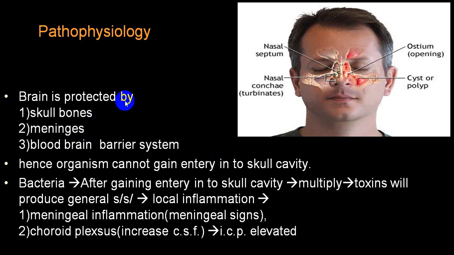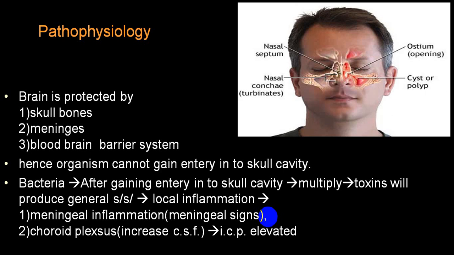So if by any mechanism, either by direct entry or by blood-borne or by continuity, once the bacteria enters into the skull cavity, they will multiply, they will liberate toxins which will produce general symptoms and signs, and local inflammation because of release of inflammatory mediators like interleukins, TNF alpha, etc. That will also stimulate irritation and inflammation of meninges, which will give rise to meningeal signs in the form of neck rigidity, Kernig sign and Brudzinski sign.